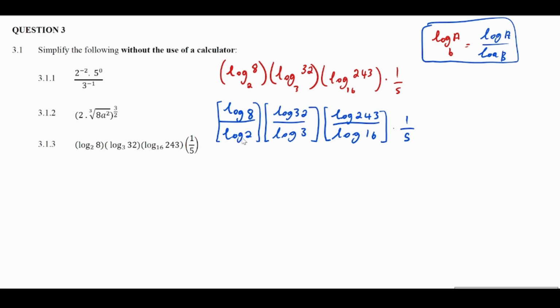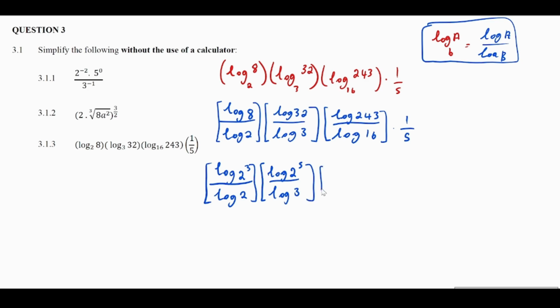Okay, now you're going to write everything in exponential form. What you did, that is what you're going to do. So log of 8 is 2 to the exponent of 3. You divide this by the log of 2. Put that inside your bracket, very much important. And then 32 as well is going to be what? 32 is going to be the log of 2 to the exponent of 5, all divided by the log of 3.